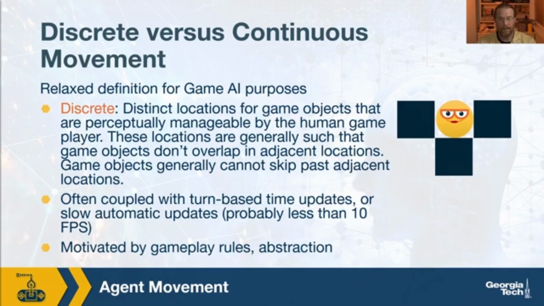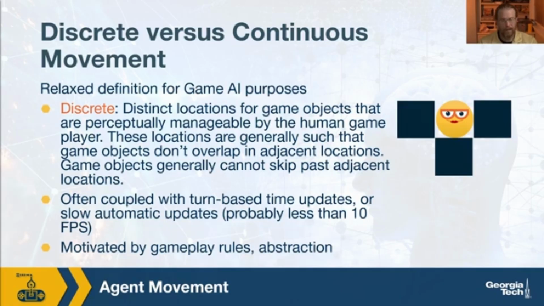But every time the simulation updates with a discrete movement where it's not turn-based, you might have something that is less than 10 frames a second. So if enemies are moving around and you're moving the player around, it's very slow, kind of like tick, tick, tick sort of movement. That would be common of games, at least that I've seen, that have this discrete movement and positioning.